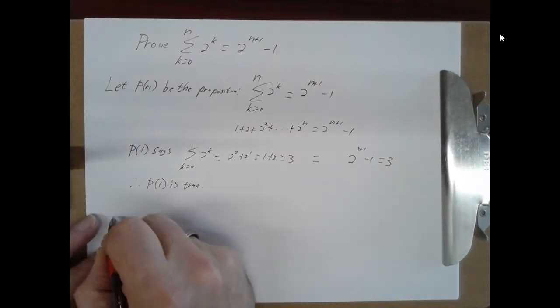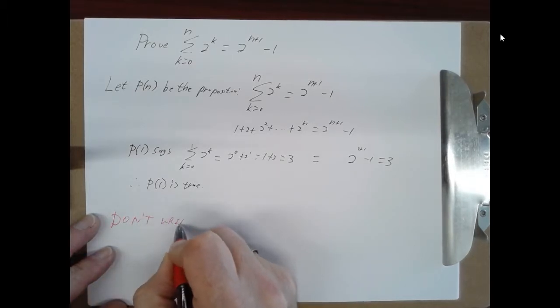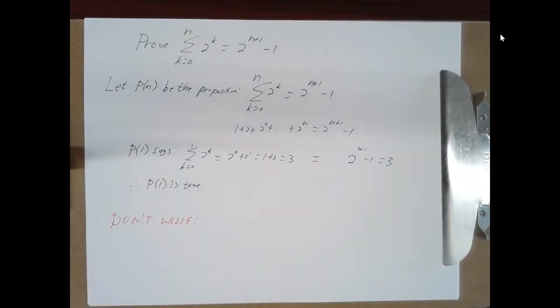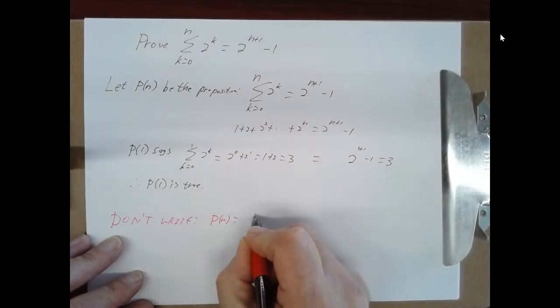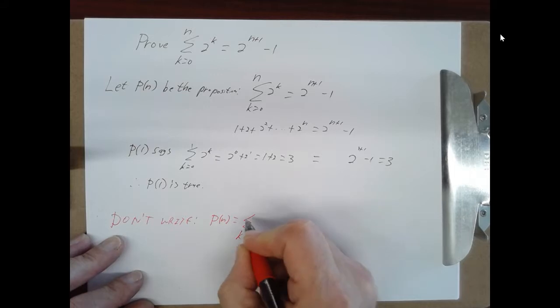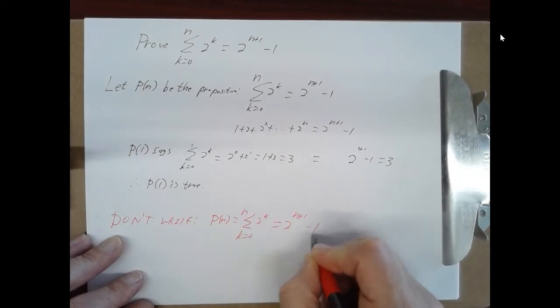Okay, here's what I don't want to see. Don't write P of n equals the sum from k equals 0 to n of 2 to the k equals 2 to the n plus 1 minus 1.